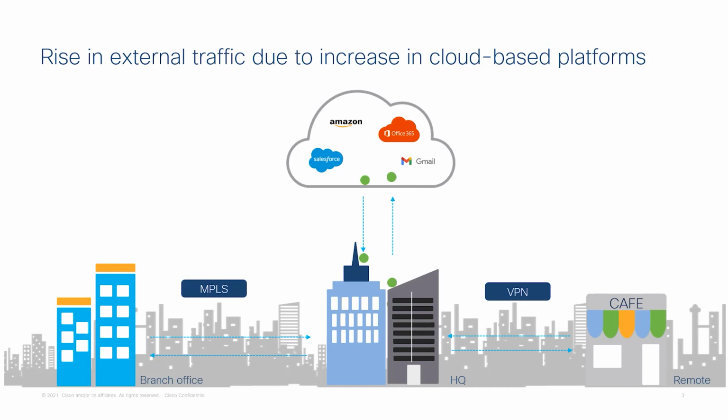There is a significant rise in external traffic due to an increase in cloud-based platforms in organizations. There is a widespread adoption of cloud applications, an increase in remote workers, as well as expansion of branch offices within organizations. This has rendered the centralized on-prem security model impractical.